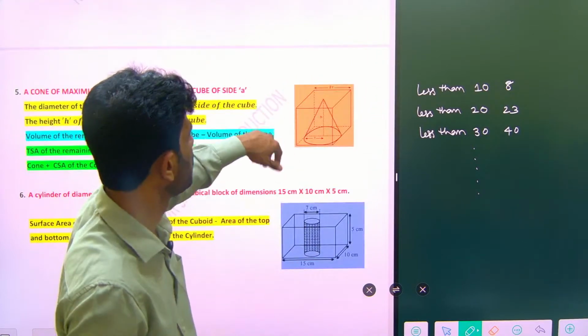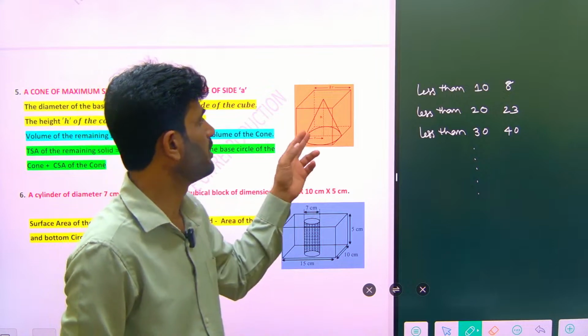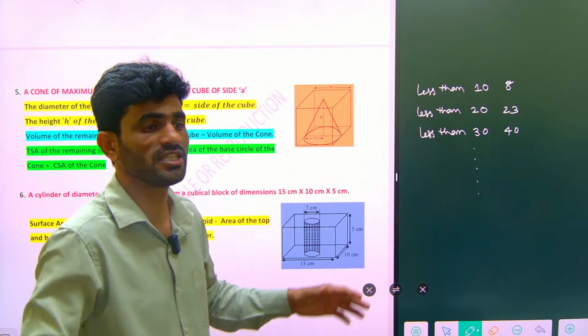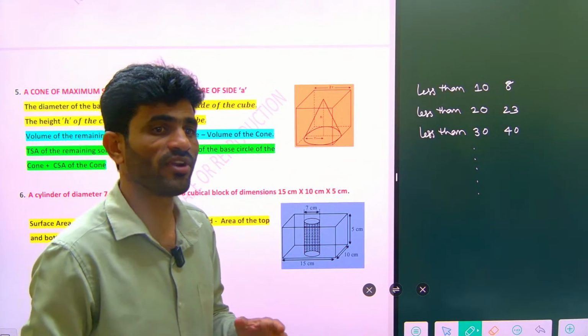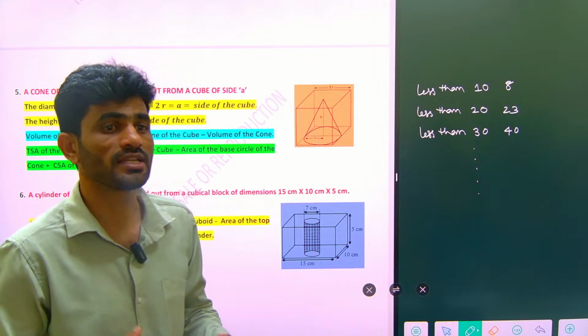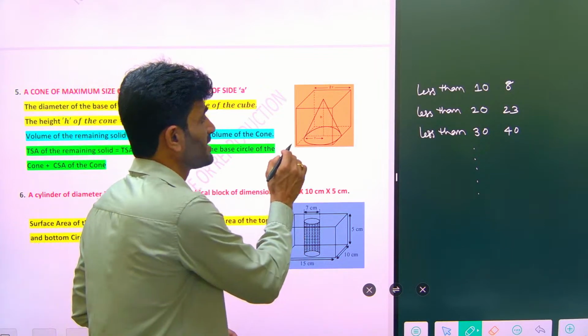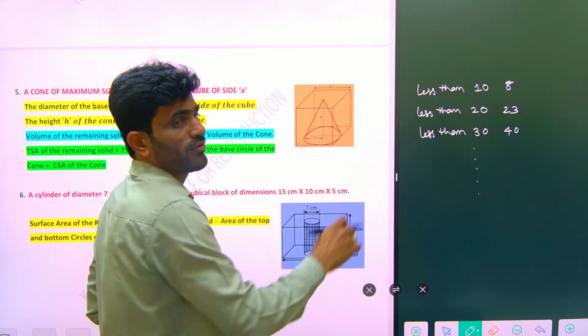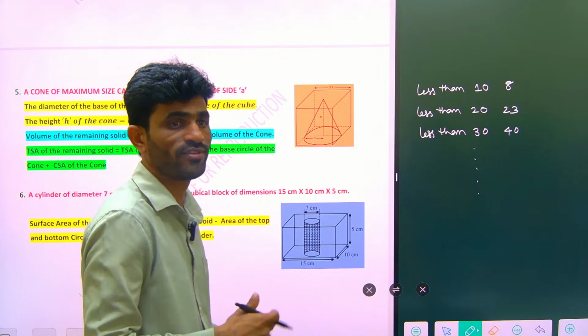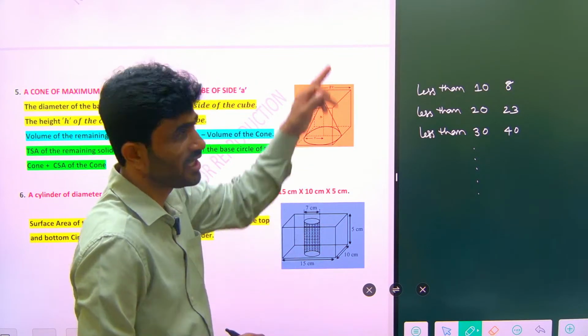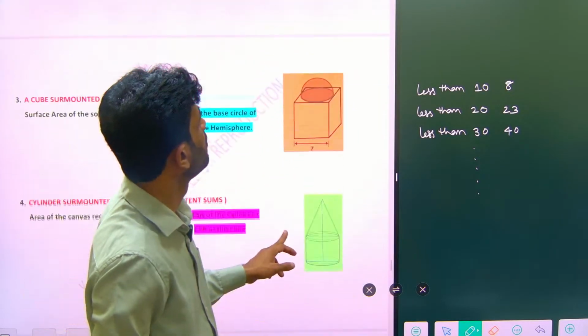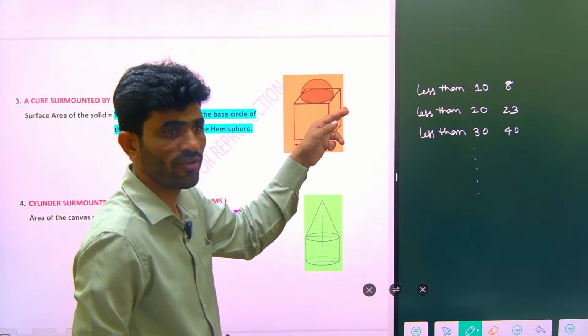This one, there will be a question like find the volume of the largest cone that can be scooped out from a cube. When they say largest cone, you have to take side of the cube equal to diameter of the cone. Even there also, side of the cube is equal to diameter of hemisphere.